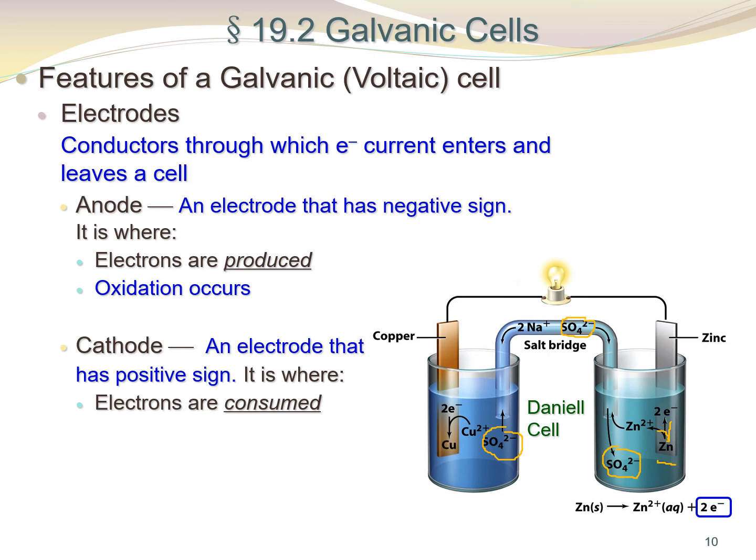How do I know it? Let's see. Here, I've got copper 2+ plus 2 electrons yields copper. Obviously, copper 2+ plus 2 electrons yields copper metal. Electrons as a reactant indicate we have a reduction half reaction going on.